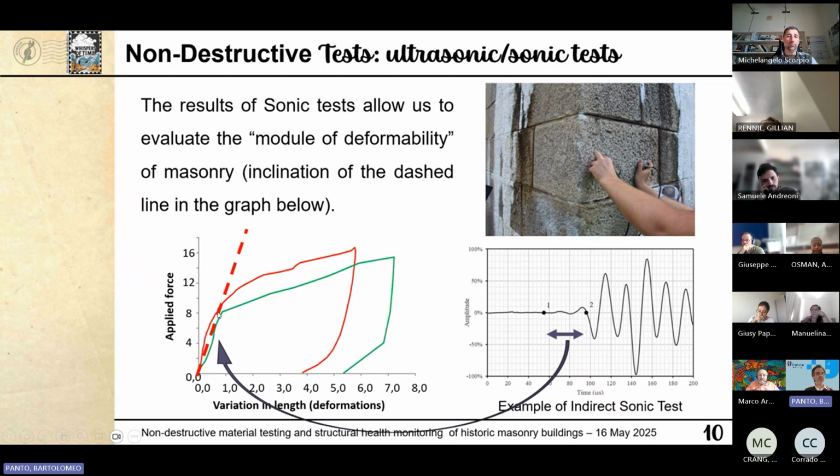Somehow it's clear that we get only partial information. The graph that I mentioned above is what we need for our models. Here we get only part of this information, only the initial part. So non-destructive tests produce a lower level of information in terms of what we need.